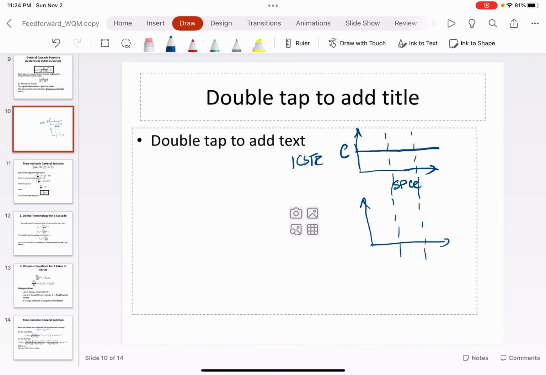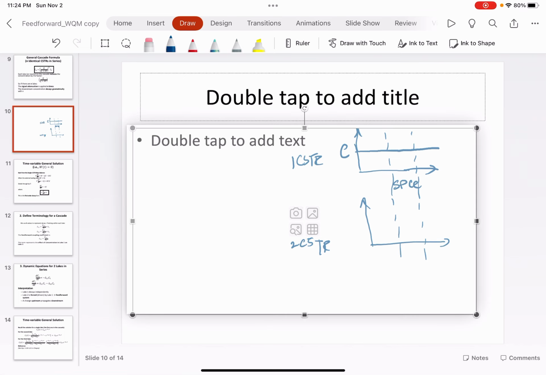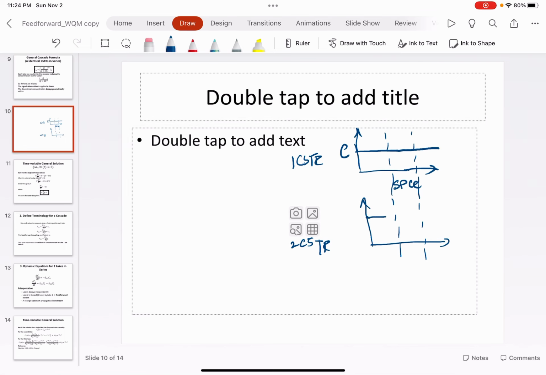The other one is one big CSTR, but now we're going to divide it into two CSTRs. If you have two CSTRs, the concentration initially goes from a higher concentration, then comes to the second CSTR, and then goes back to a smaller concentration.